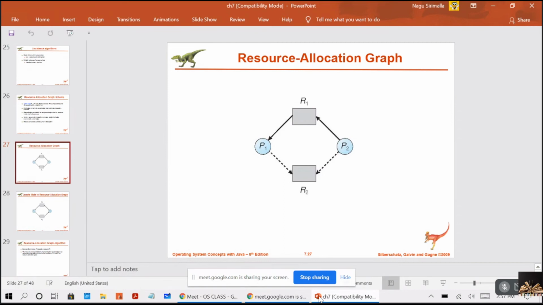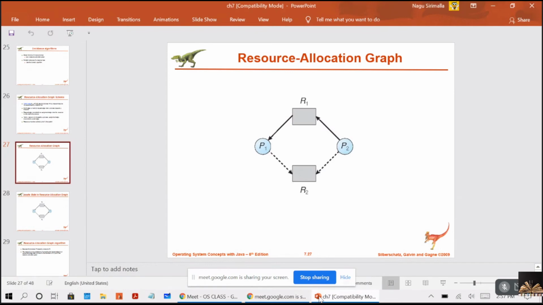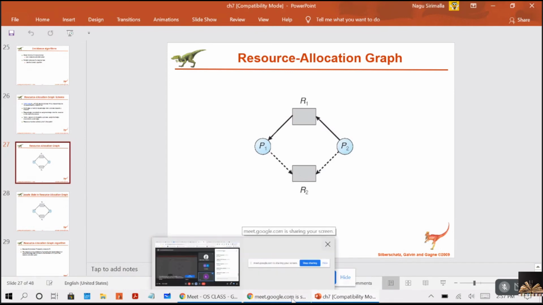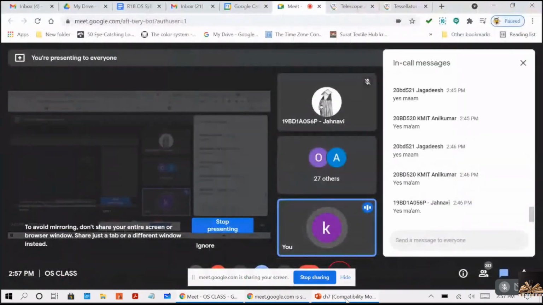So very simple, don't get confused with the diagrams, very simple ma. So we will be using a claim edge here, dotted line lo pettunnam. The dotted line will be marked as the straight line only when it is not making any loops. That's all.